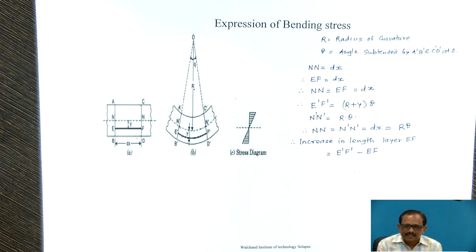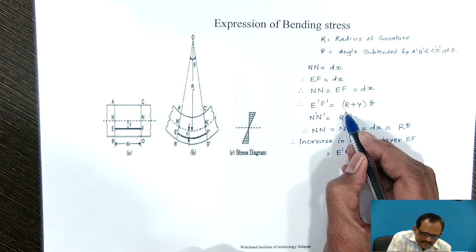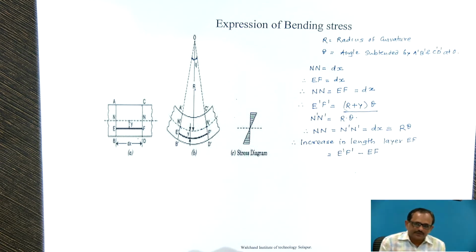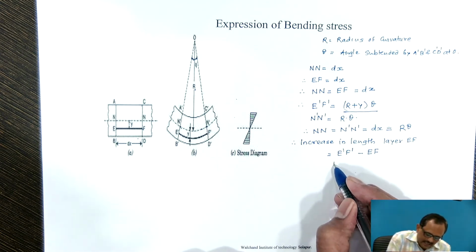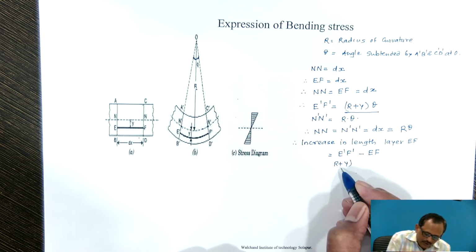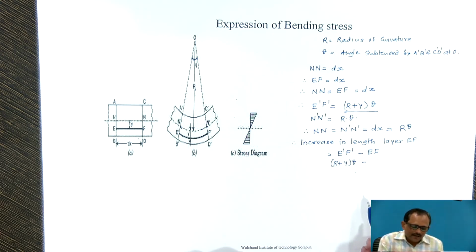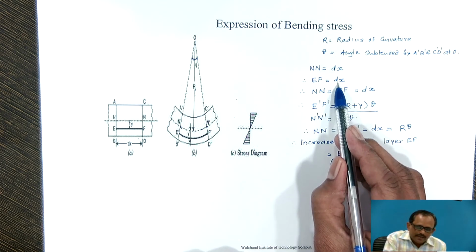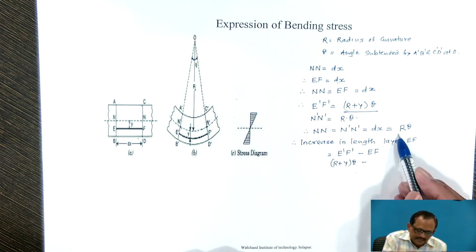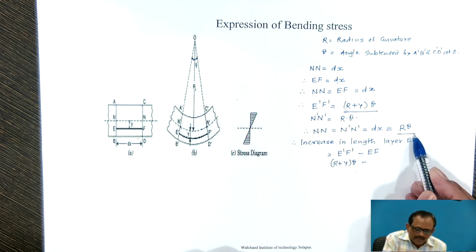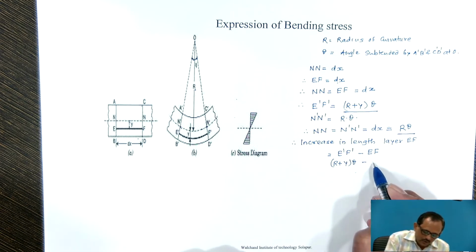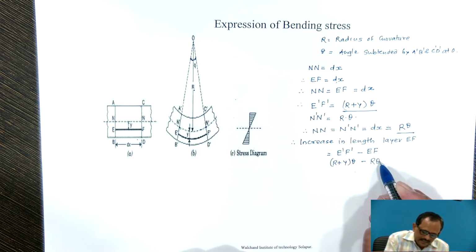E'F' is given by (R plus y) into theta, minus the length of layer EF, which is dx, and dx is equal to R into theta, so minus R theta.